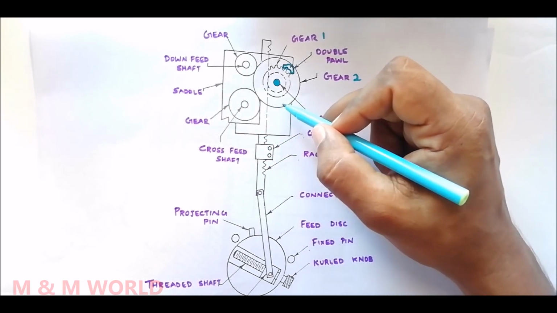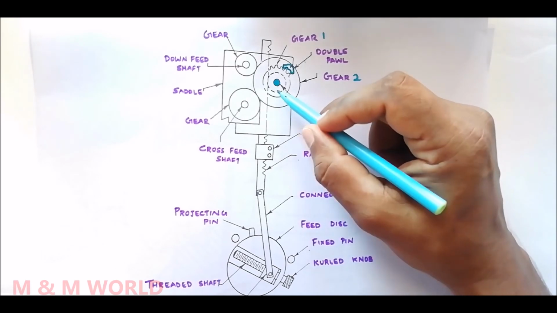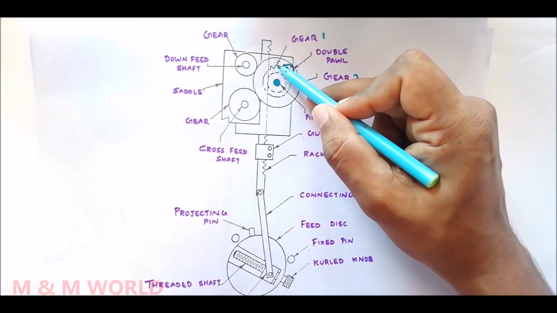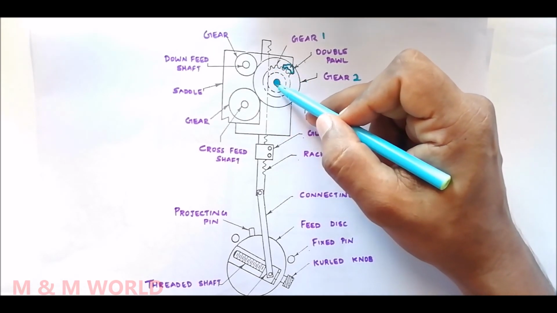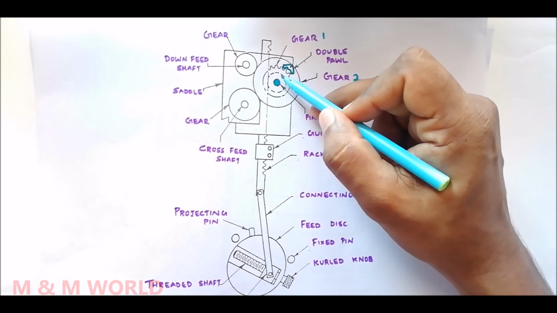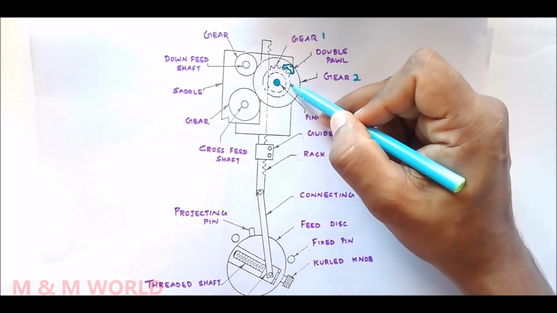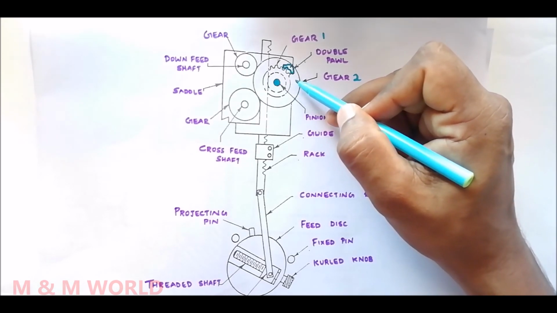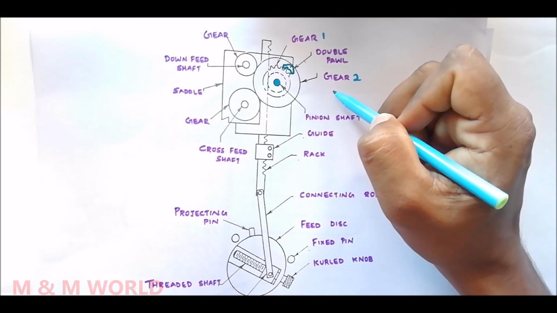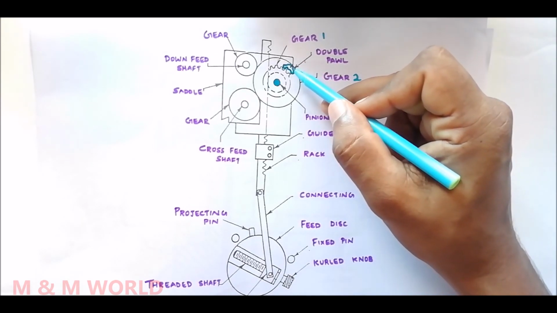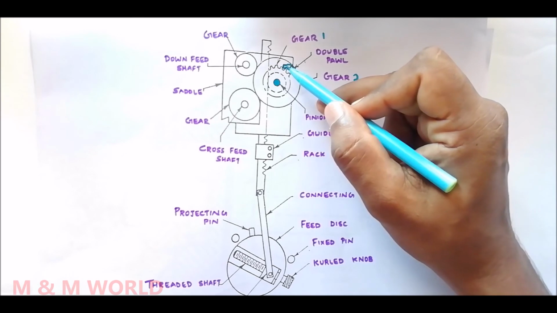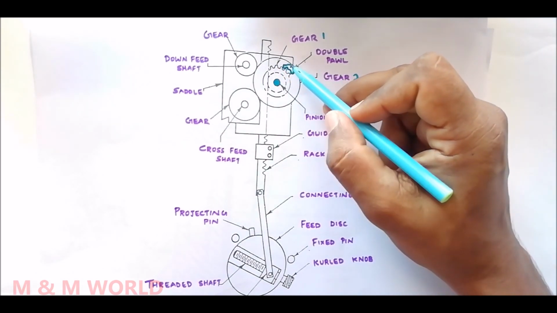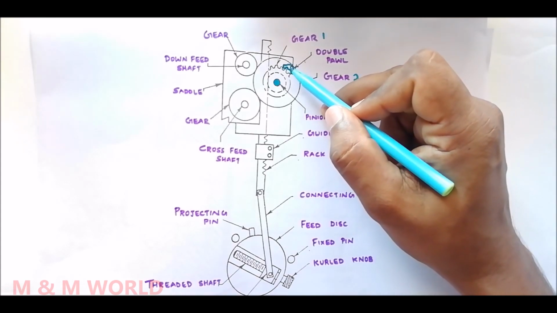During the upward movement of the rack, what will happen? When the double pole is in mesh with gear 1, the upward movement of the rack will cause gear 1 to rotate in the clockwise direction, and this motion is communicated to gear 2 with the help of the double pole. So gear 2 also rotates in the clockwise direction.